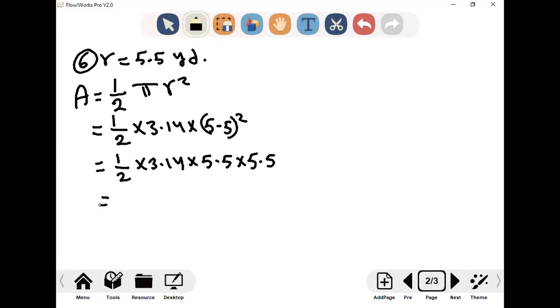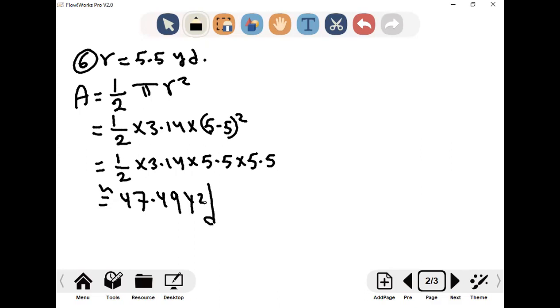Half is 0.5, so 0.5 times 3.14 multiply 5.5 times 5.5 will be 47.49, rounded to 47.49 square yards. Okay.